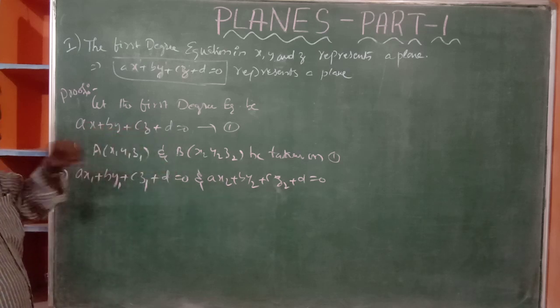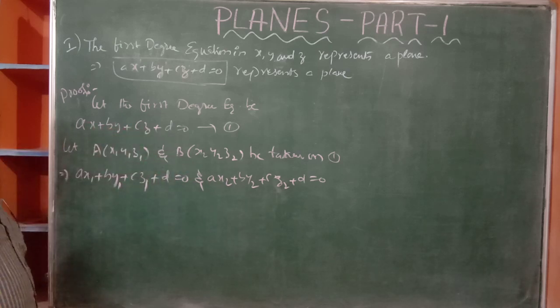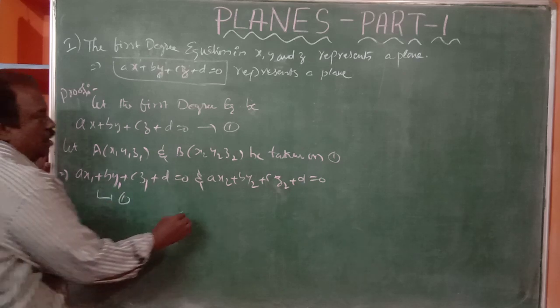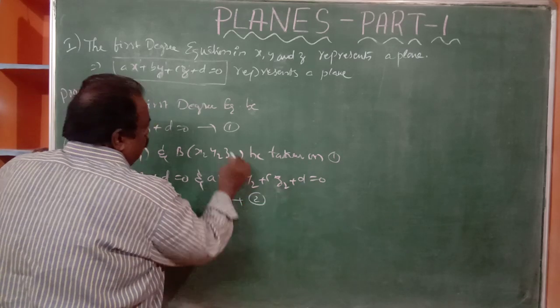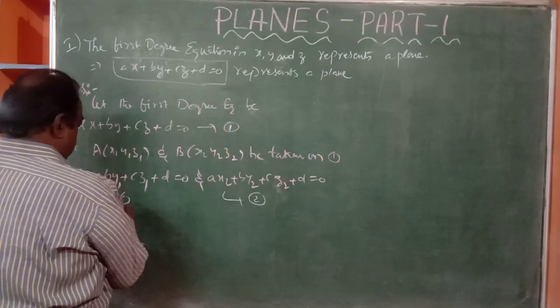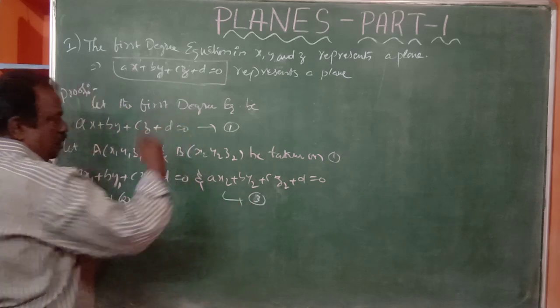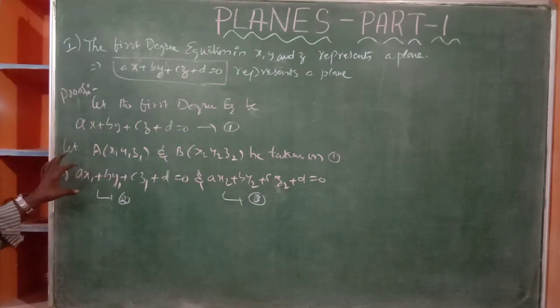If B is also on that one, x2, y2, z2 will come. We are assuming this is equation 2 and that is equation 3, and already equation 1 is there.